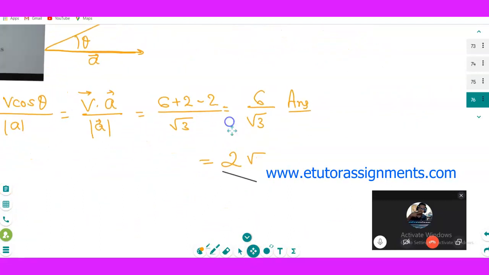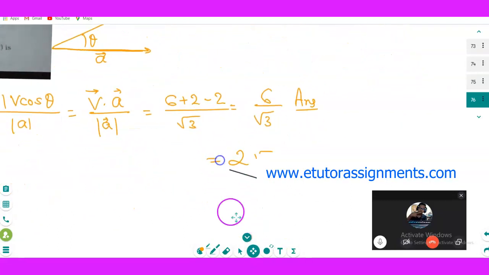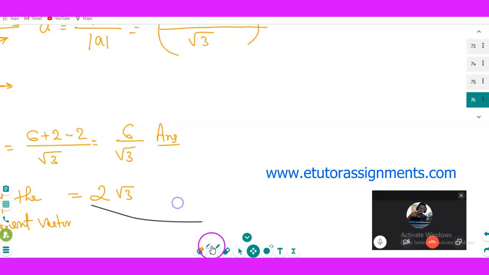So we have to multiply this by the magnitude of the component, since we got the magnitude of the component parallel to A. We will multiply this to get the answer.